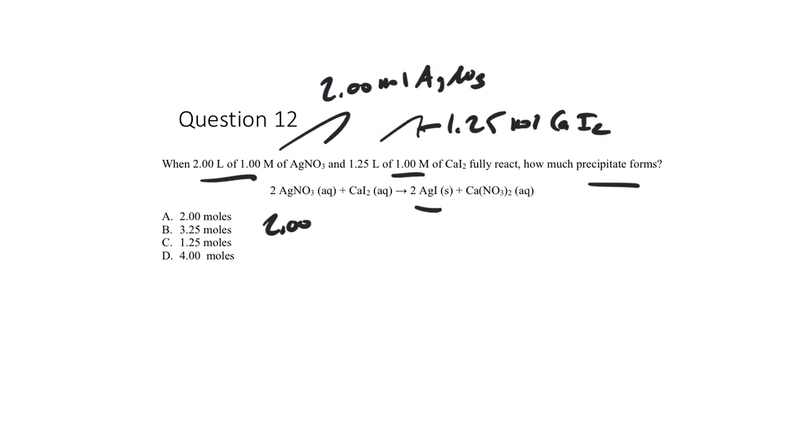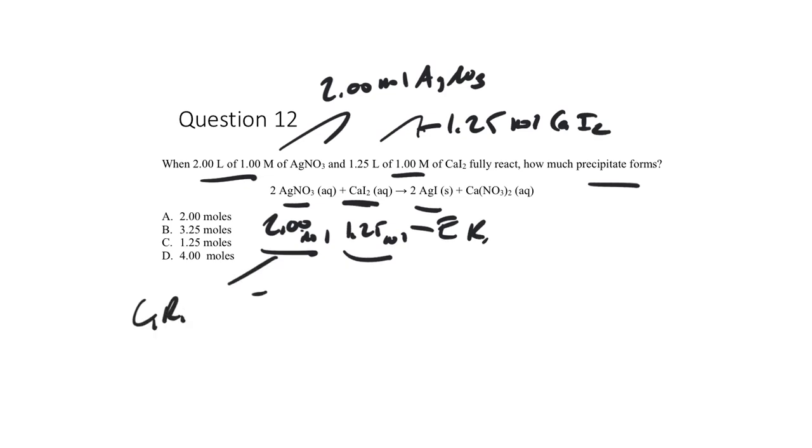So I have 2 moles here and 1.25 moles here. If I consume all of the silver nitrate, I need 1 mole of calcium iodide to react with it. But if I were to consume all the calcium iodide, I need 2.5 moles of the silver nitrate. So calcium iodide is my excess reactant, and silver nitrate is my limiting reactant, the one that goes to 0.